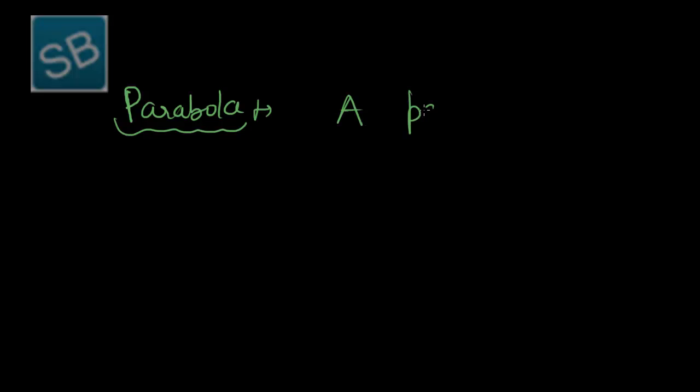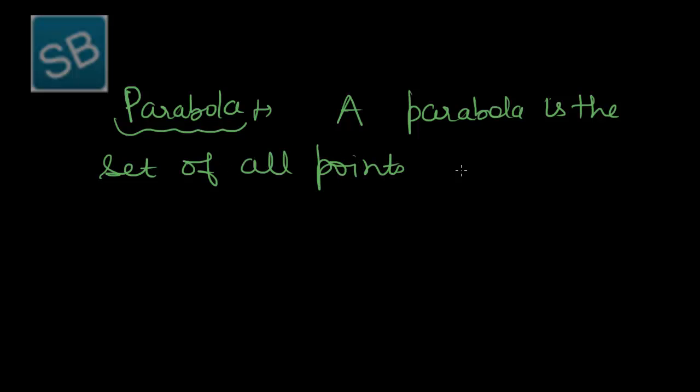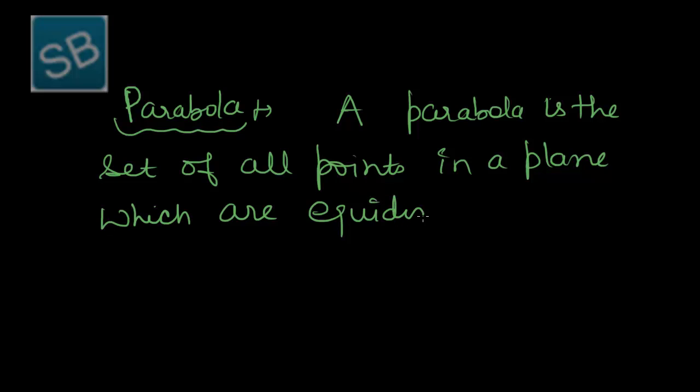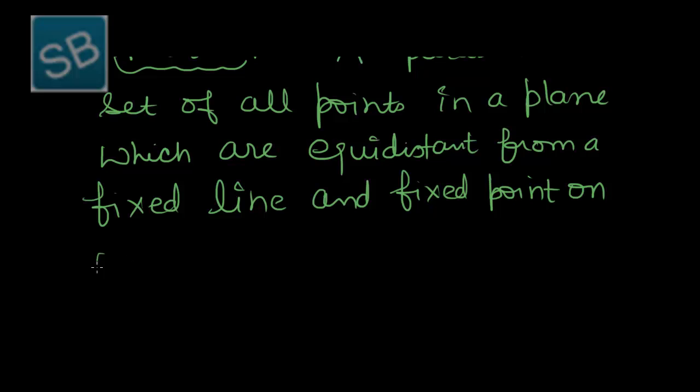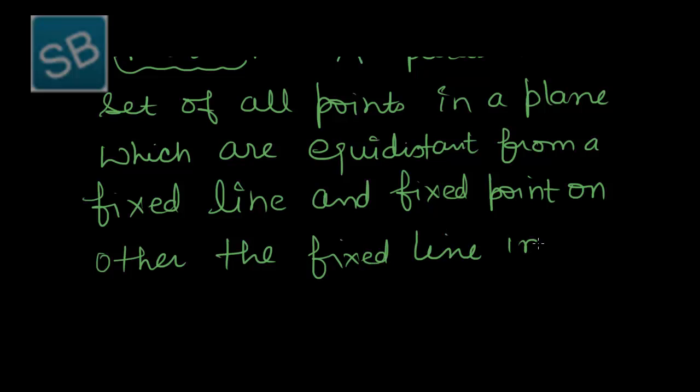So a parabola is the set of all points in a plane which are equidistant from a fixed line and a fixed point on other than the fixed line in the plane.